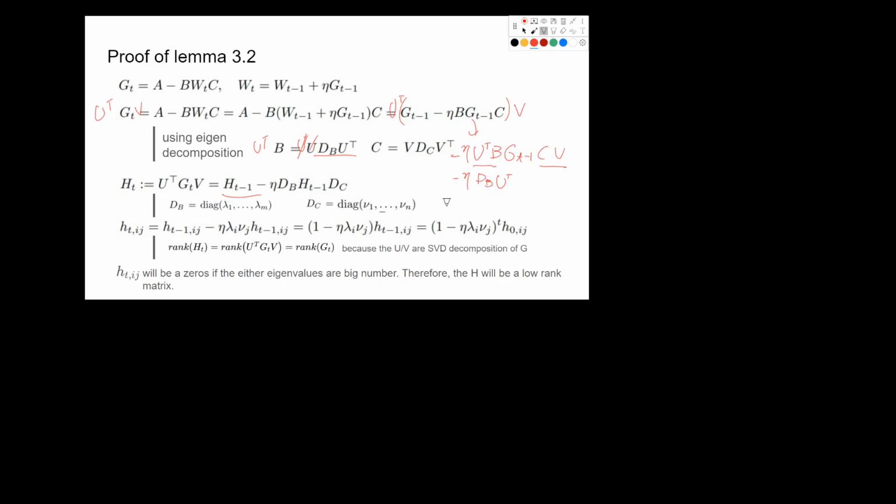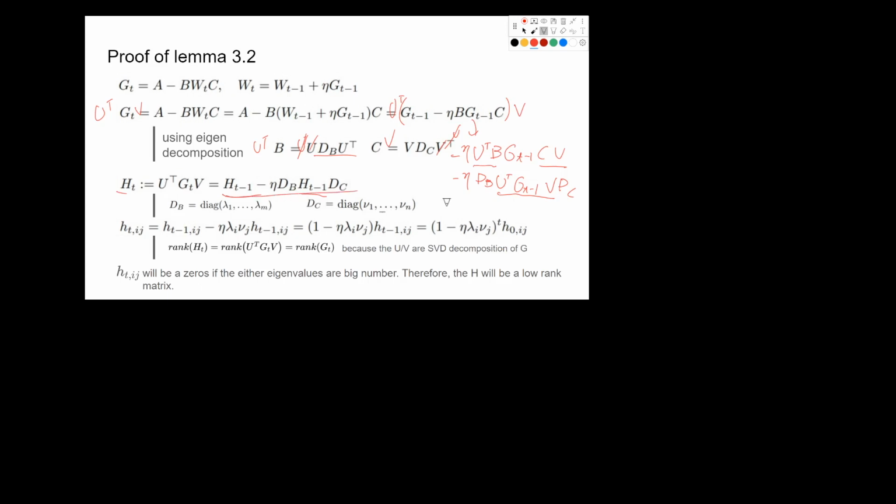Okay, and then the G_t minus 1 and the C V product V here, so these two are cancelled. So this C V will become the V D_C. So U^T G_t V D_C, this will be the H_t minus 1 here. So the result will be H_t equal to this one.